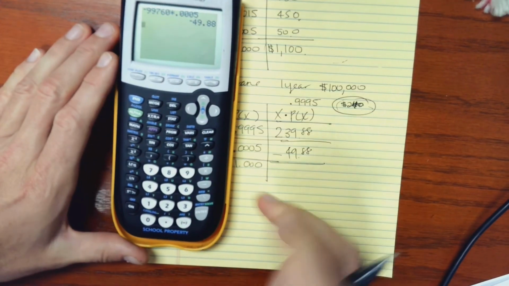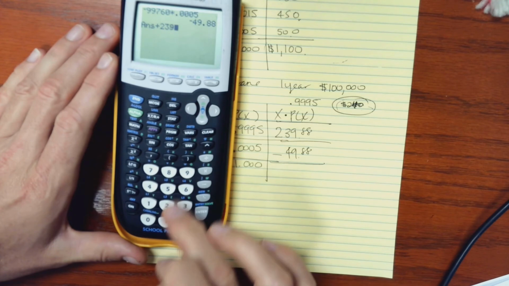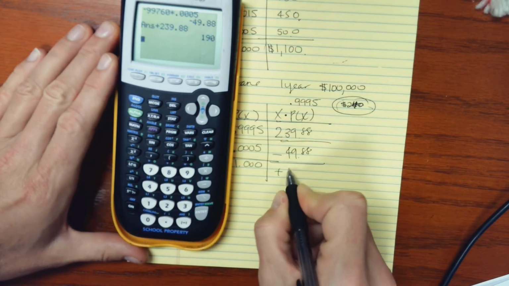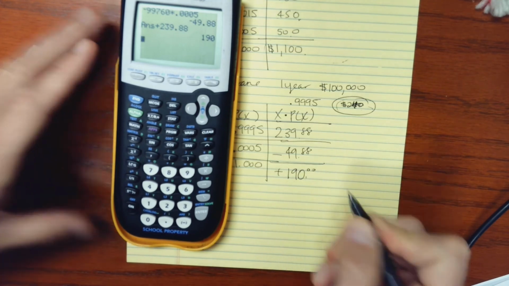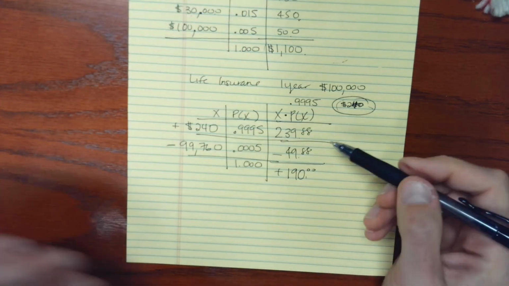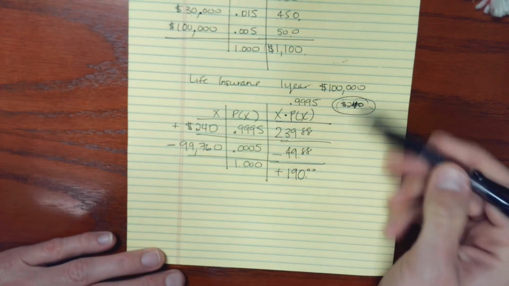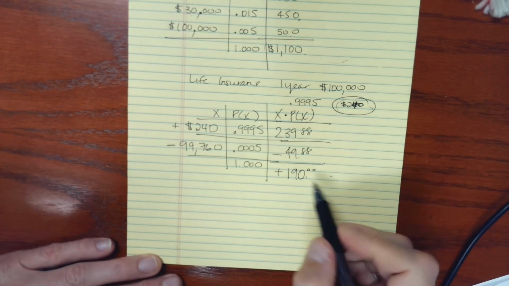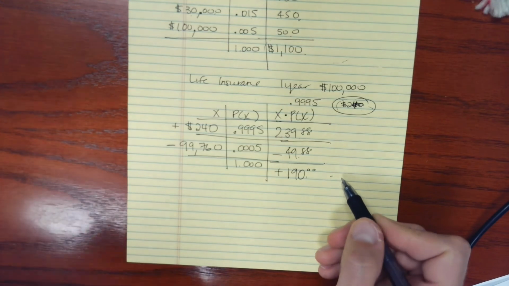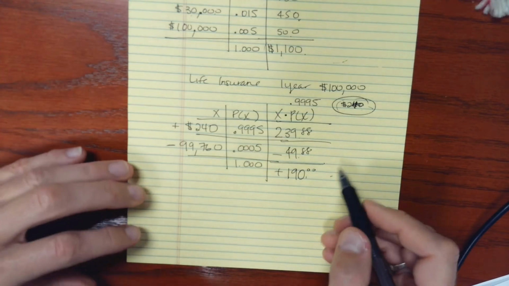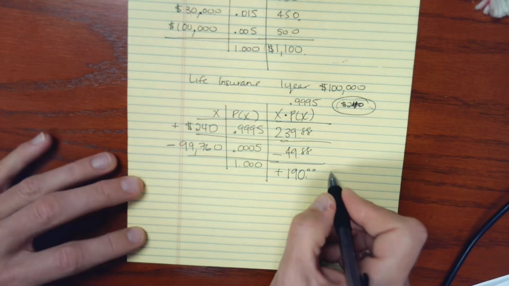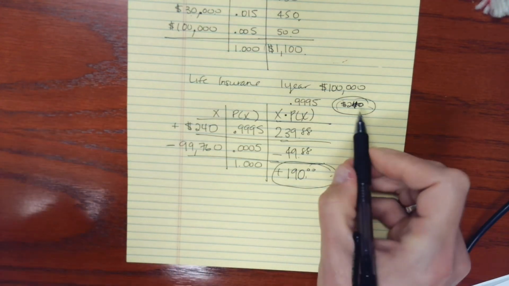So when I add those two things together, I get a positive 190. What this means is, if I'm able to sell lots and lots of these policies and then take the average of what I expect to make per policy, I will profit $190 on average.